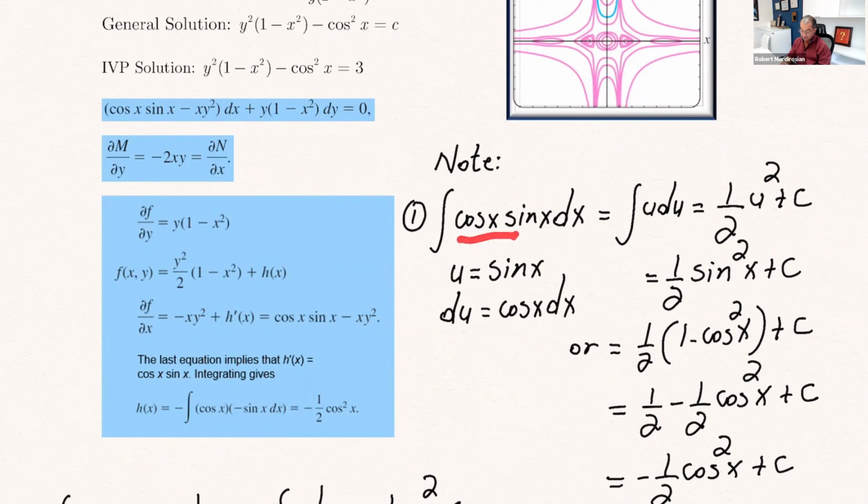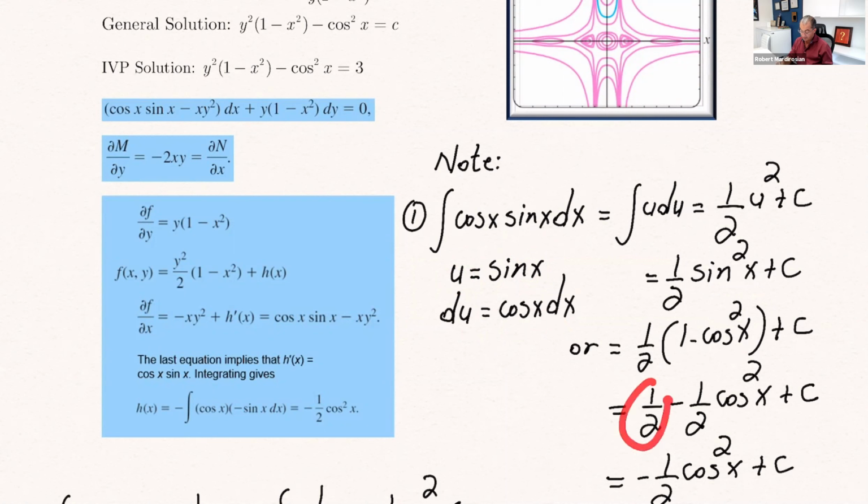If you write cosine x sine x dx, you can do substitution. U is sine x and du is cosine x dx. If you substitute, you get u du, and the integral is 1/2 u squared plus c, and u is sine, so you substitute, that's what you get. Or you can change sine squared to 1 minus cosine squared, and you get 1/2 minus 1/2 cosine squared plus c.